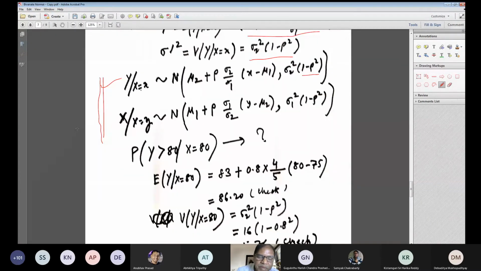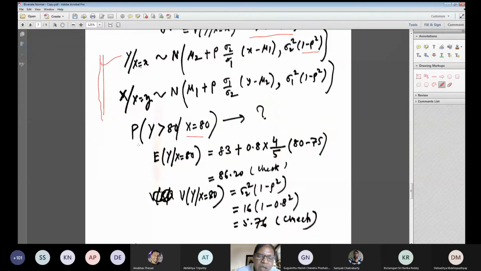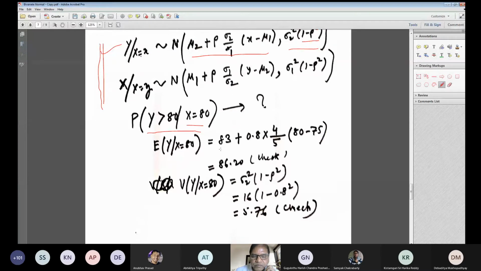What was the problem? In class test 1, if some student has scored 80 marks, what is the probability that he will score greater than 80 marks in class test 2? We have established that the conditional density function of y given x is normal. So we need to find this mean and this variance.